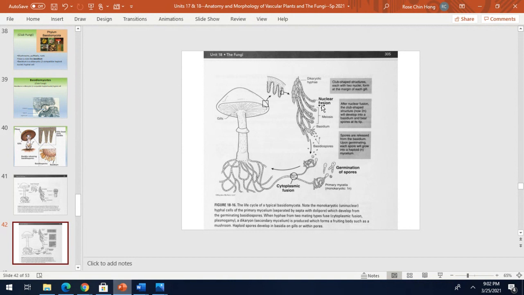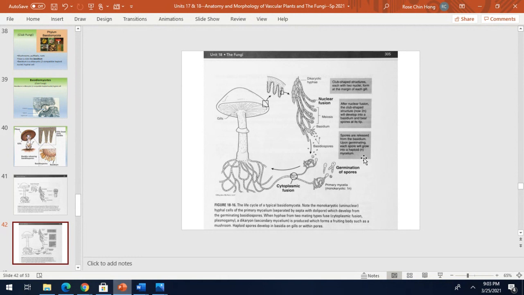So they go through nuclear fusion, which is karyogamy, and then meiosis. After they have nuclear fusion, which becomes 2N, they'll develop into this basidium, and then the spores will be borne on its tip. And then it shows that these spores will be dispersed and then germinate.